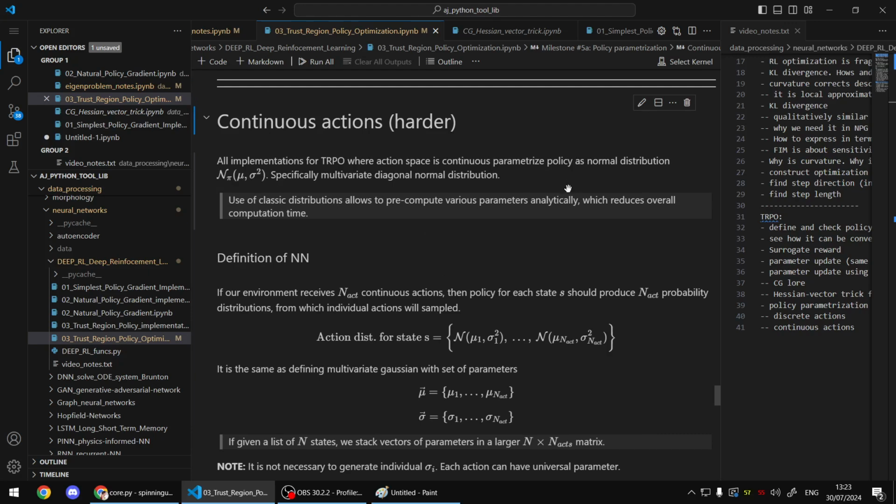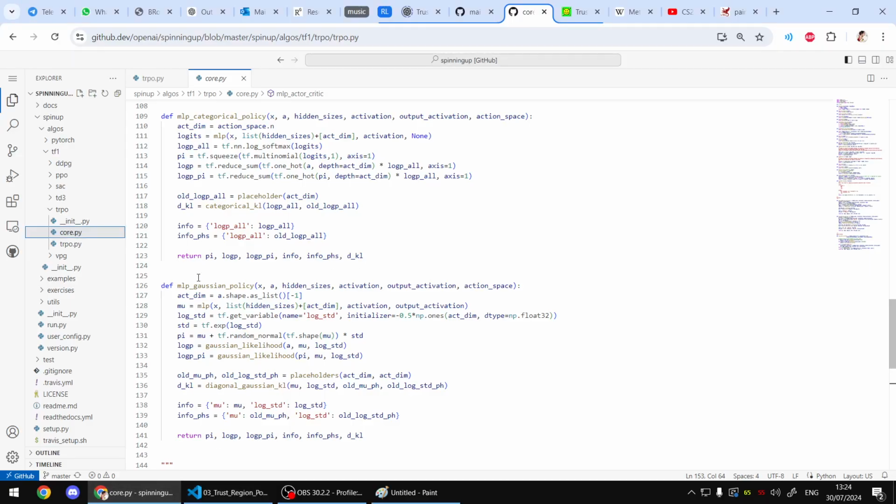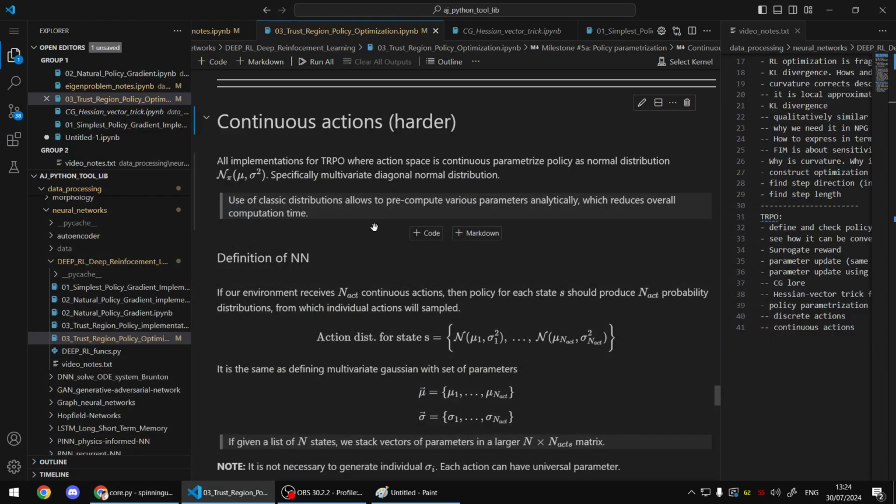And in our case, and this is the case of OpenAI's implementation and also different implementations in the papers, a paper also mentioned it. Basically, we will use a multivariate normal distribution that has a diagonal covariance matrix.